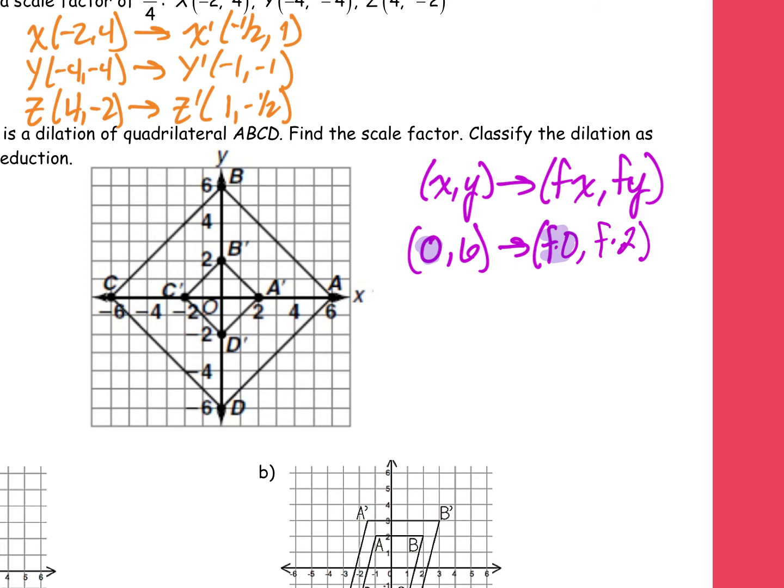But the next one, if we look at 6 and I take F times 6, I'm just going to make an equation. I think I wrote that part wrong.